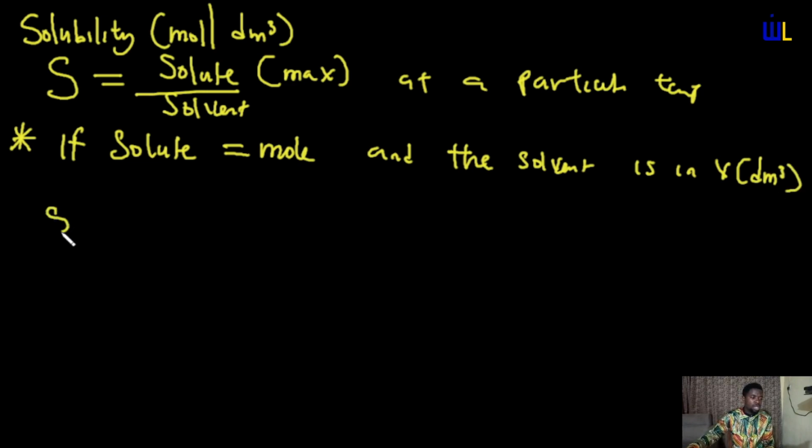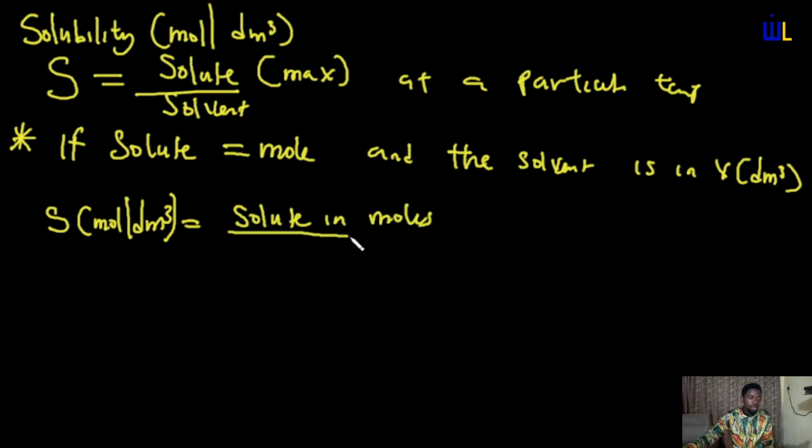It simply means that solubility in mole per dm³ would be equals, now remember, solubility is solute on top, solvent below: solute in moles divided by solvent in dm³. So in a scenario where your solute is in mole and your solvent is in volume in dm³, just do the solute in mole divided by the volume of the solvent in dm³, and you have your solubility in mole per dm³. Okay, let's try out a question to help us understand that.